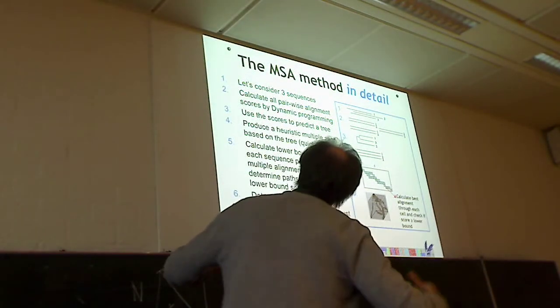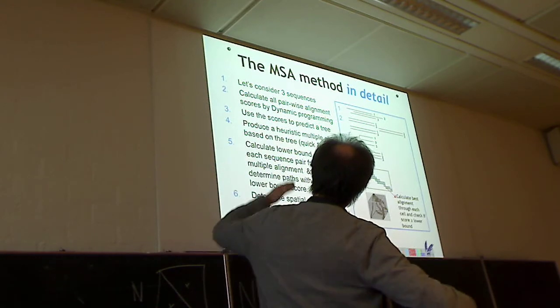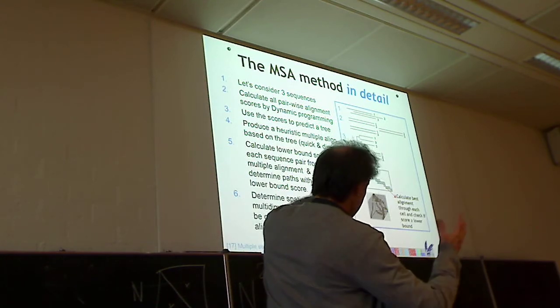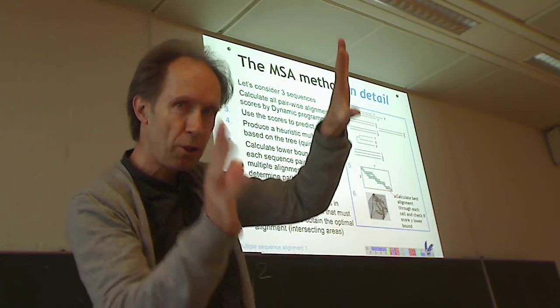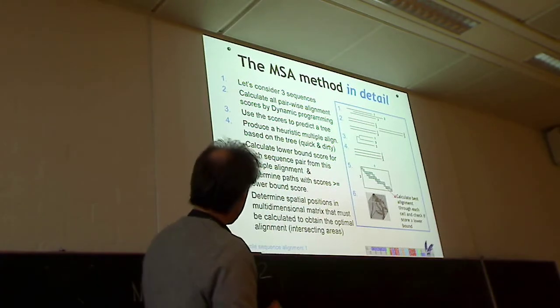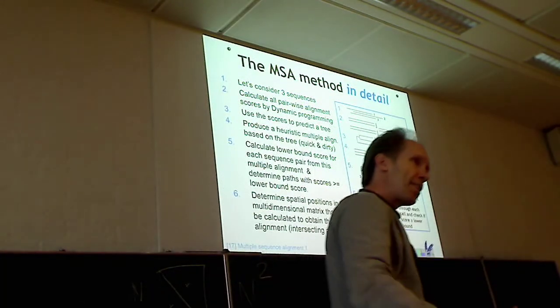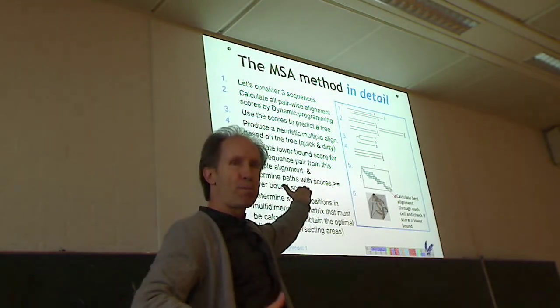So you do that, then you have these pathways, and now we need to select where to look in each square pair matrix, and where not. What they do is they take a standard multiple sequence alignment off the shelf. Well, you have to have one. If you're the first program, there's a bit of a problem, of course.